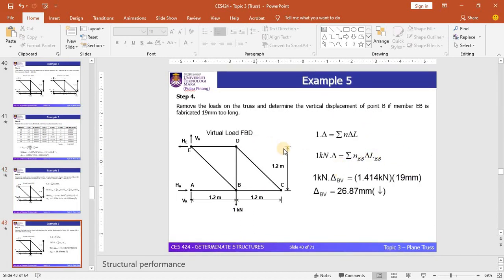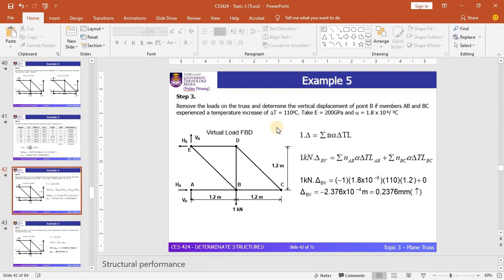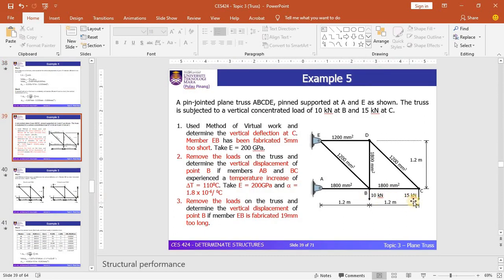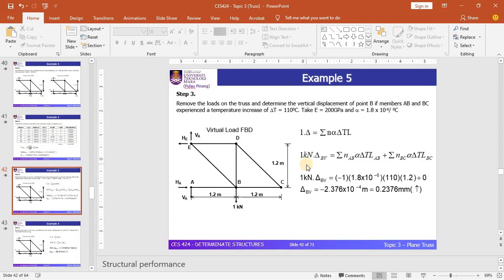In part 3 of this question, we need to find the displacement at joint B where member EB is fabricated 19 mm too long. In this part, you need to remove the loads, meaning no effect from the applied 15 and 10 kilonewton loads.